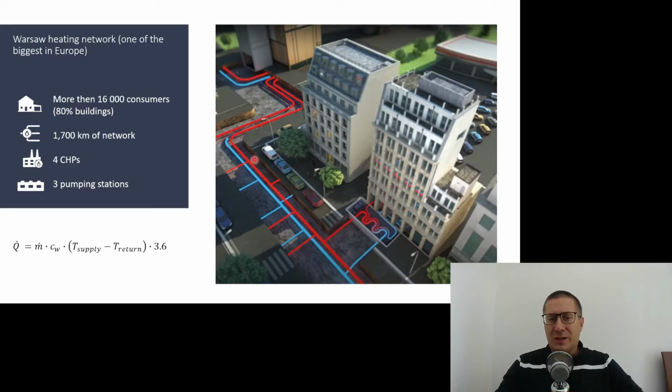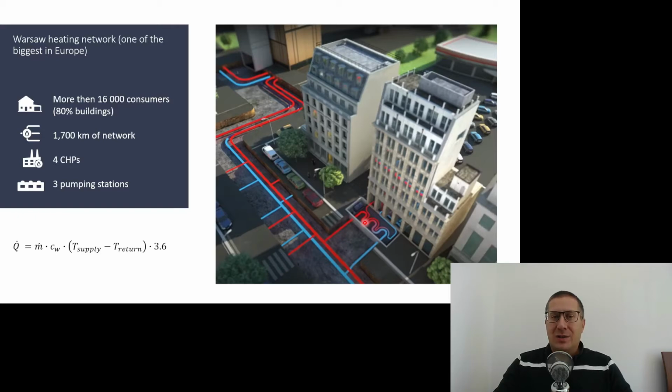So the higher the temperature is, the higher are the losses. So the heat is transferred not only to the buildings but also to the ground, to the air. We don't want to heat up the air in the city. We would like to only transfer heat to the buildings.